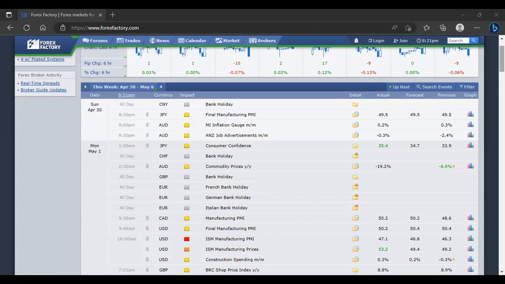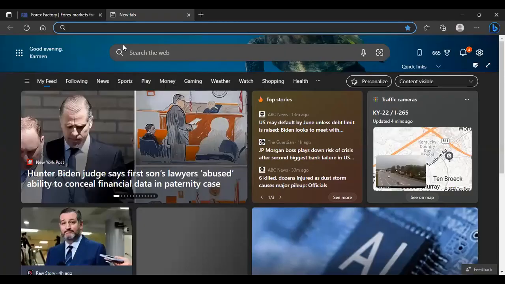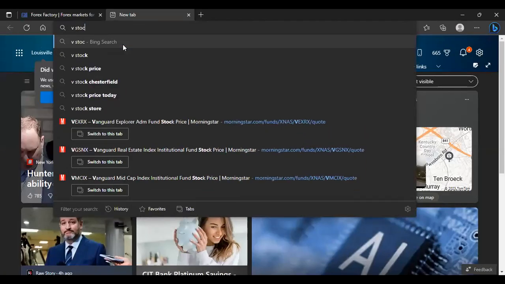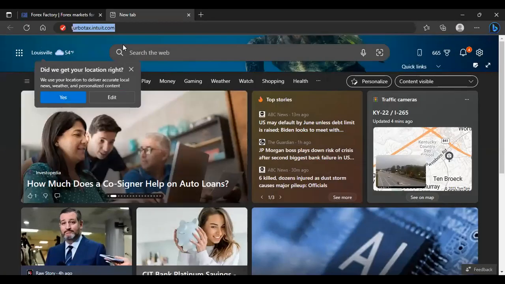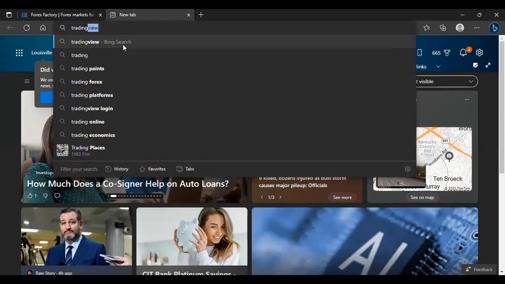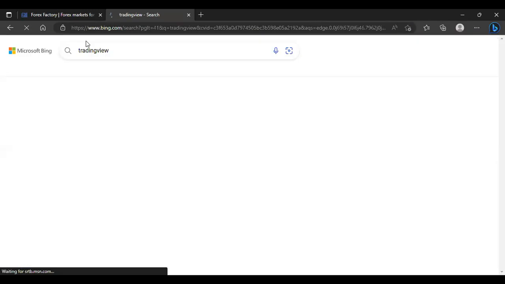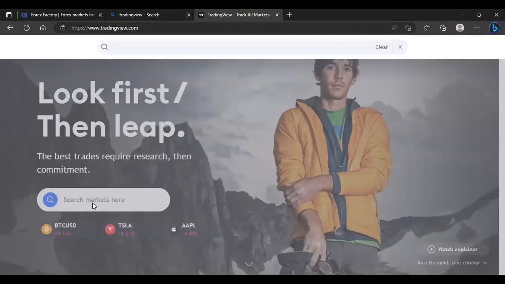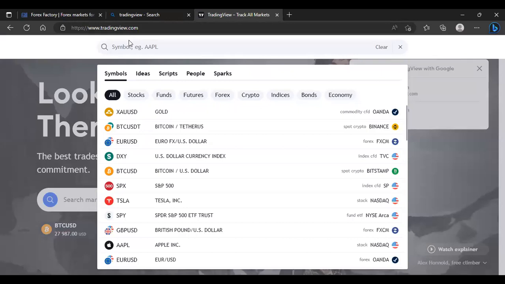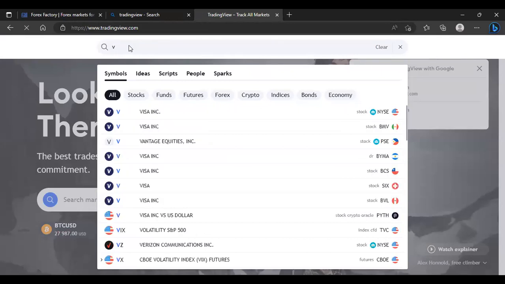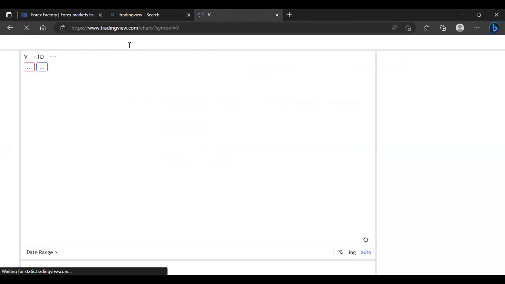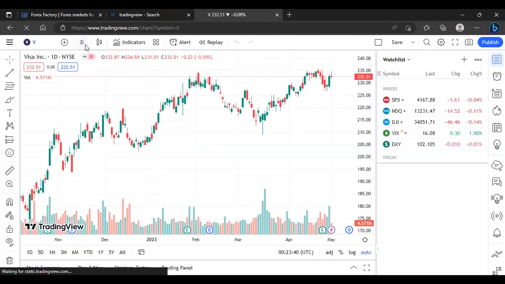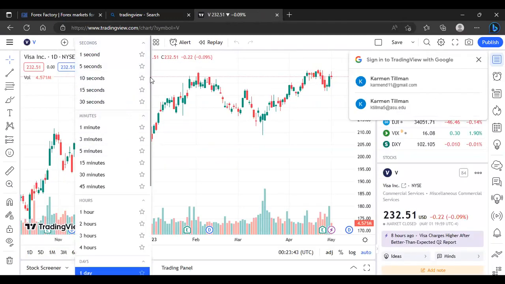And if you actually look at Visa's chart, I'm just going to go to TradingView, and we'll look at it really quick, because this is going to really paint the picture if I just show it to you. I'm not going to look at Visa on the daily.